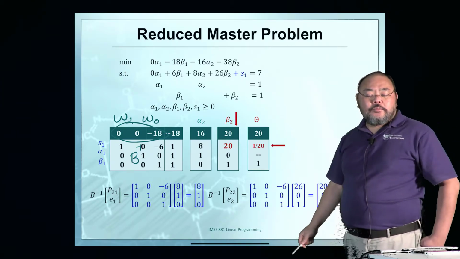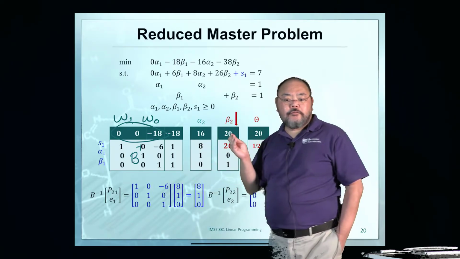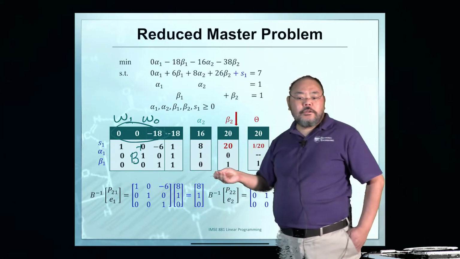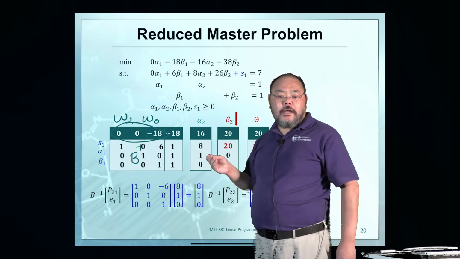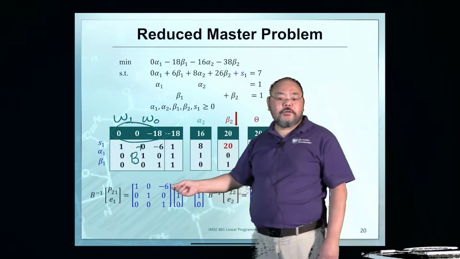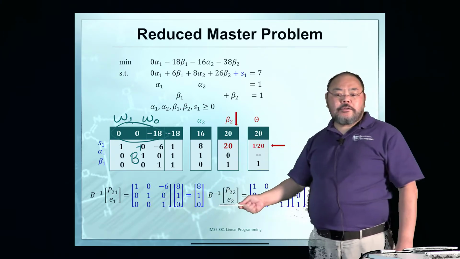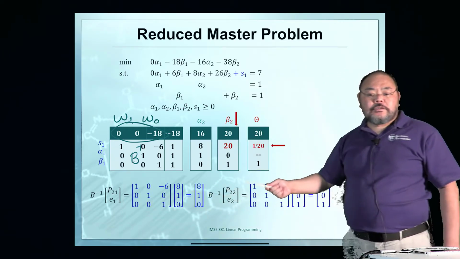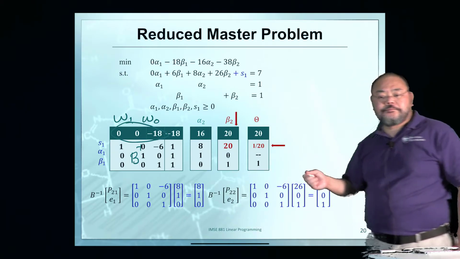So we can recalculate the entering column. Instead of A10, I'm going to use B inverse times the A10 right here, still A10, and B inverse times B22, which is the other one.